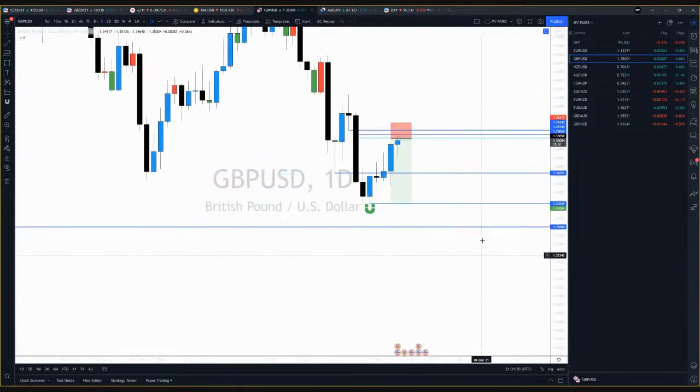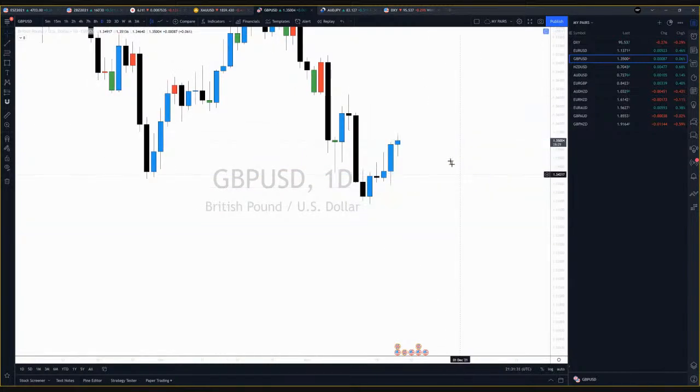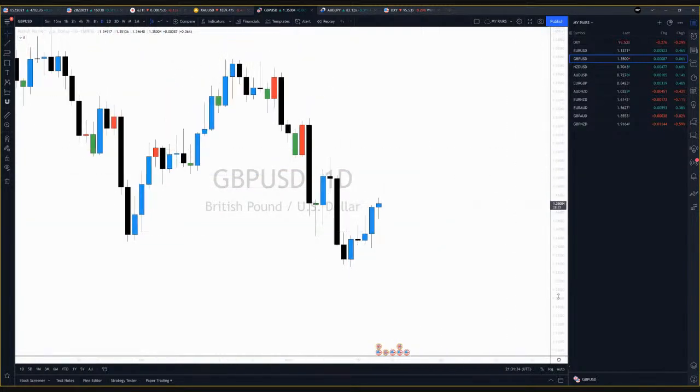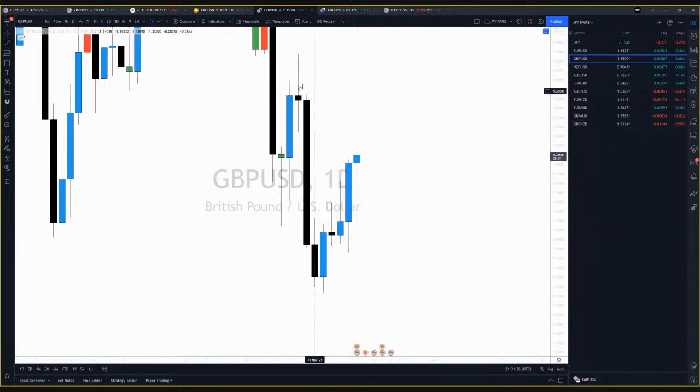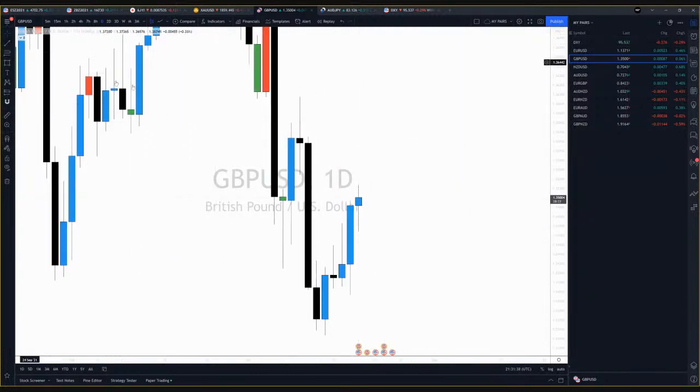I'm going to remove this so you can see it. So on GU we have this, and on the downside, notice that nothing happened here, nothing happened there, it happened right there.